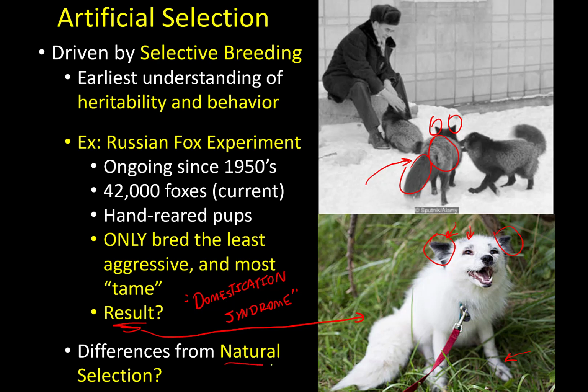Now, how is this different from natural selection? In artificial selection, up here, I'll write it down, we choose who breeds. In natural selection, it's really the environment that determines who breeds.